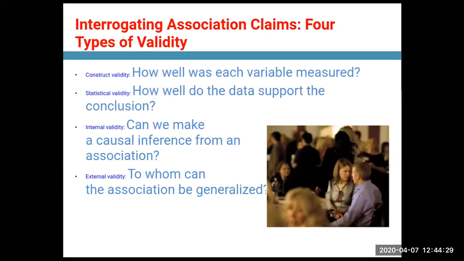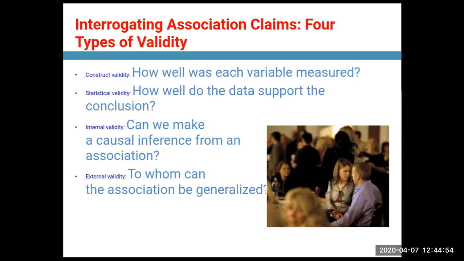So looking at interrogating association claims, remember for the 3 claims, frequency claims, association claims, aka correlations, and causal claims, we have 4 types of validity. Construct validity, I promise that these words were a lot bigger in the original slides, says how well was each variable measured.